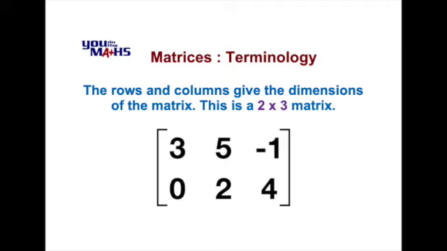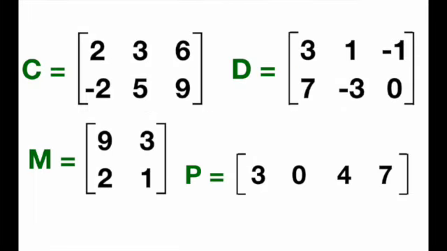Let's have a look at some other examples of matrices and what their dimensions may be. Before we have a look at the dimensions, note that each matrix is identified by a capital letter. Here we can see matrix C has 2 rows indicated by the red ticks, and 3 columns indicated by the blue ticks. So that's a 2 by 3 matrix.